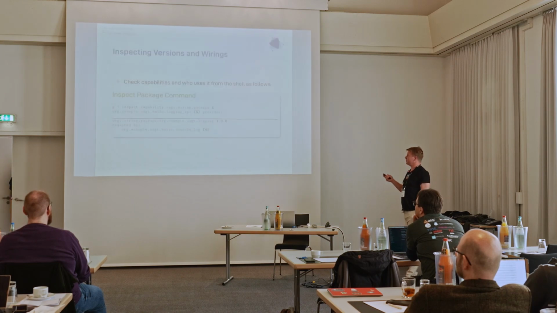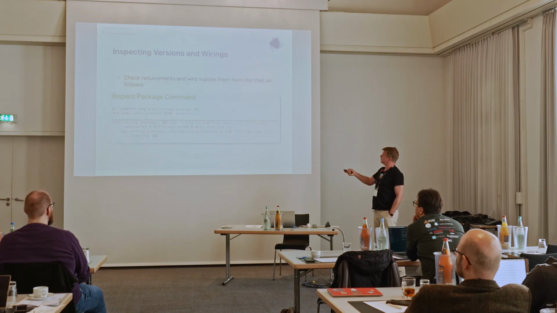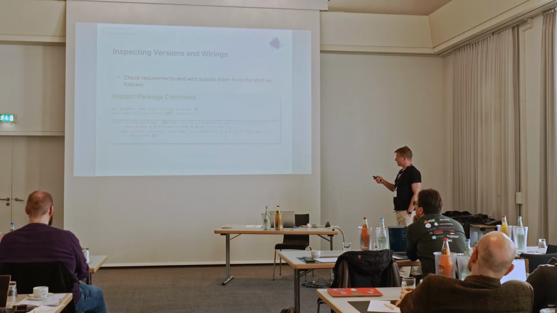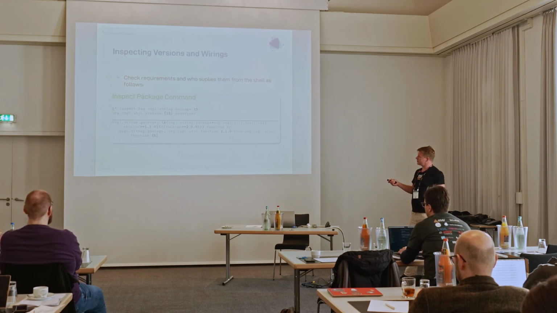And if you come from the other side, you can also check the requirements and say, okay, for example, here, what kind of bundles does the promise bundle require? So it says, okay, it has a wiring to, and here you see again, OSGi always uses these filter expressions, you know, from this LDAP style.